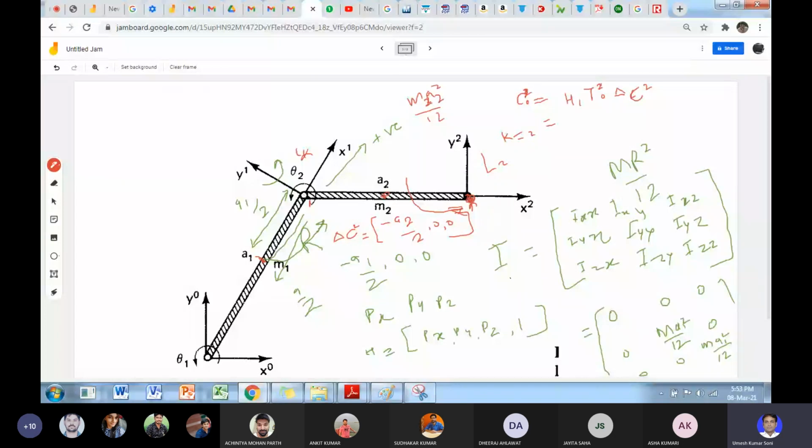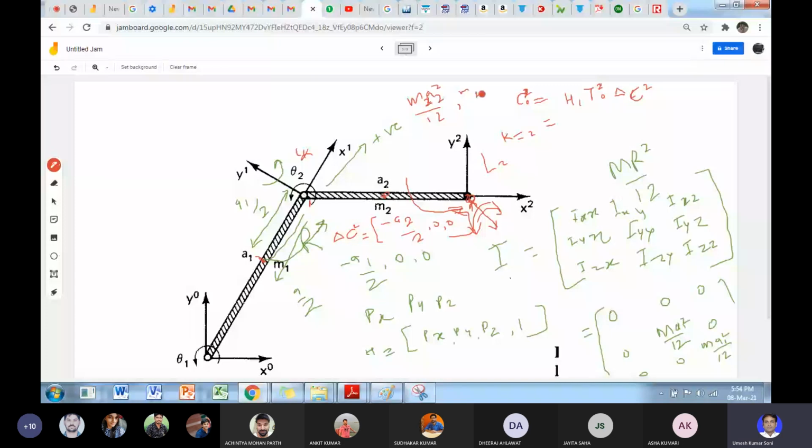In the same manner, along the z axis it will have some inertia for rotating here. This is also given by m2 a2 squared by 12.